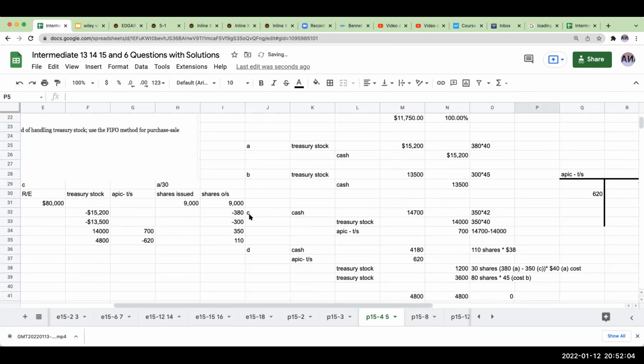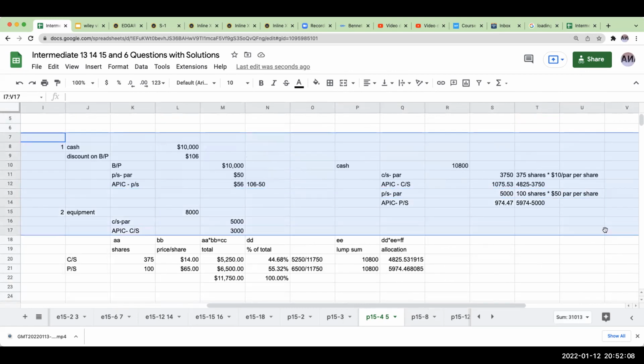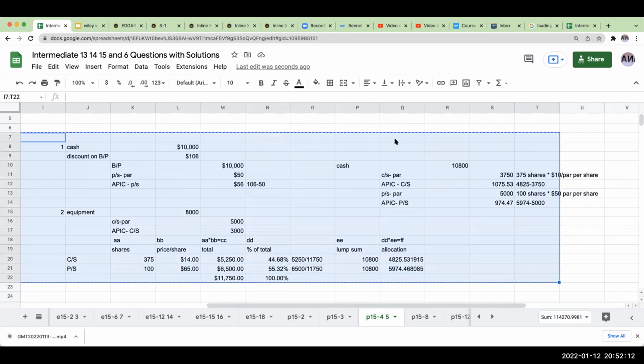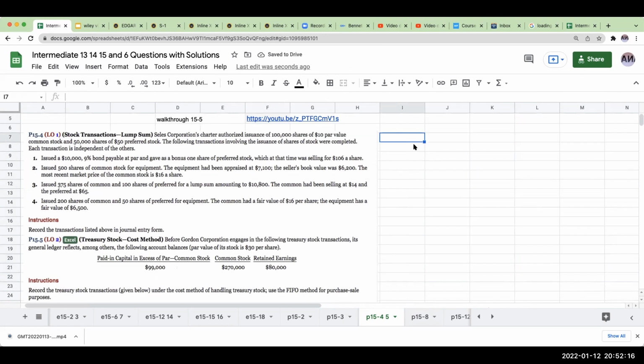Running out of room. Let's see what we can do here. Let's move these over. Okay. So for number 4, I'm getting equipment. The equipment is going to be valued at 6,500. Now I know what the common share market value is.